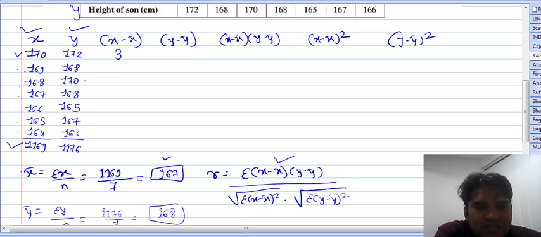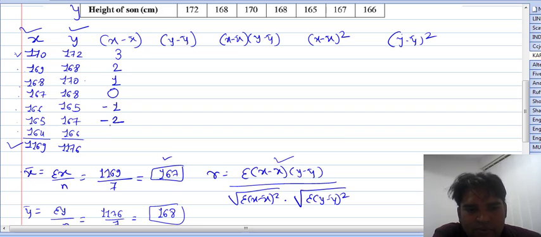Then 169 minus 167, so it would come 2. 168 minus 167, 1. 167 minus 167, 0. 166 minus 167, sorry, here 167 minus 167, so it would come 0. Then minus 1, this minus 2, and this will be minus 3.